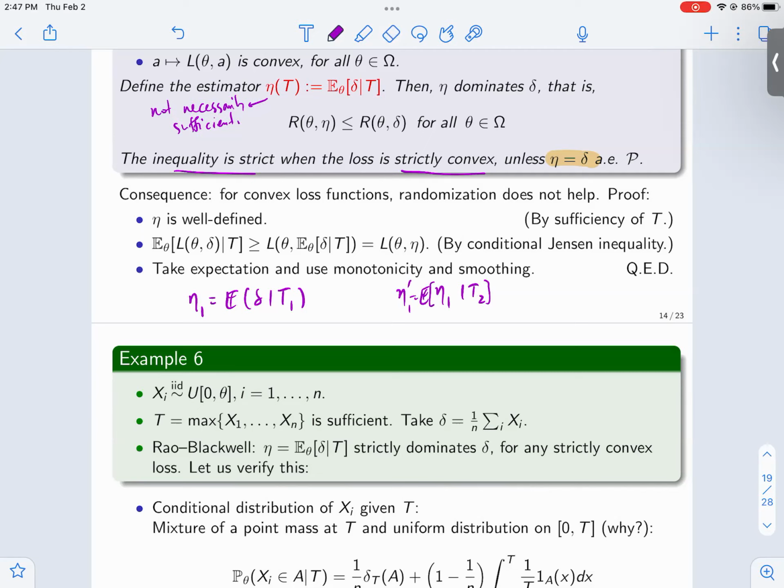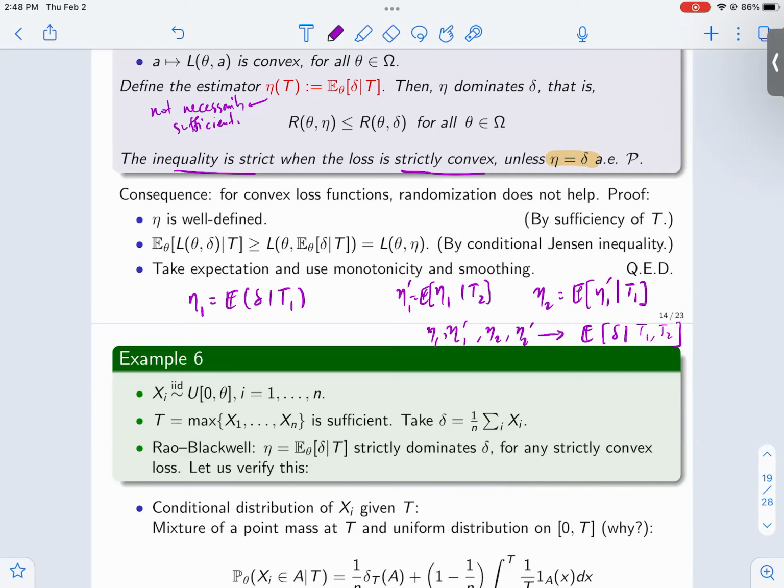And then project it again, I get, let's say eta 2, which is eta 1 prime projected onto t1, and so on. So this sequence, my guess is that you get eta 1 prime, eta 2 prime, and this would probably converge to the expectation of delta conditional on t1 and t2, if everything works out.